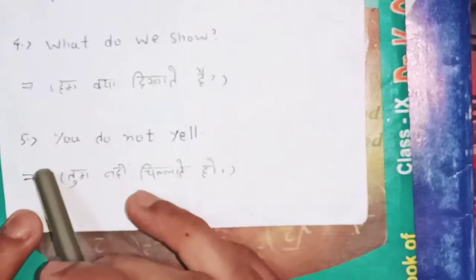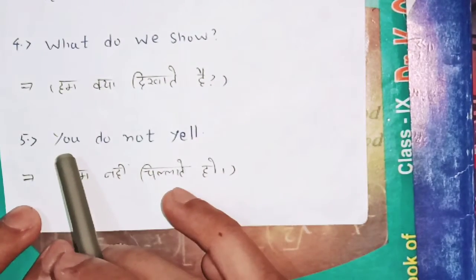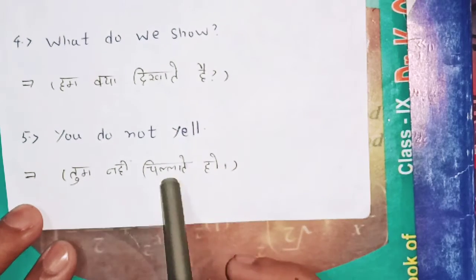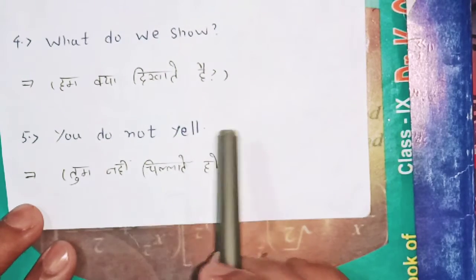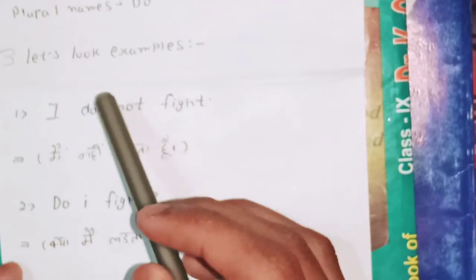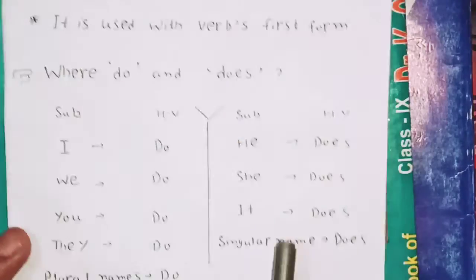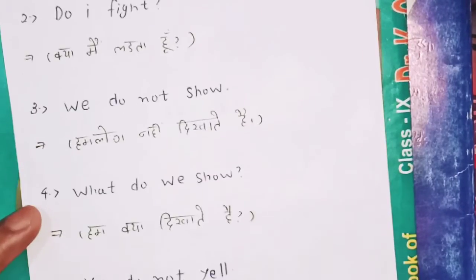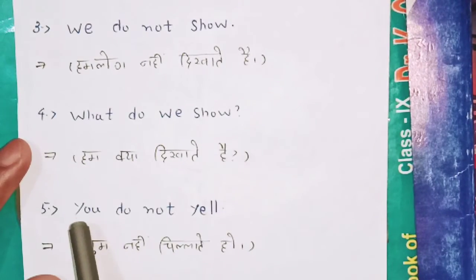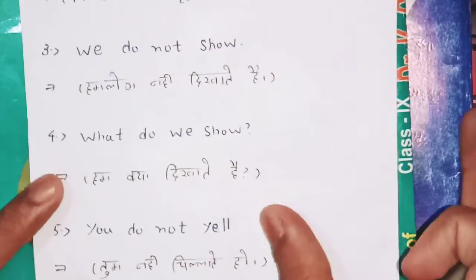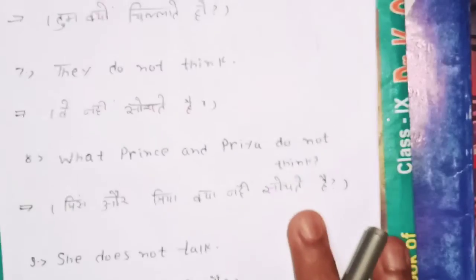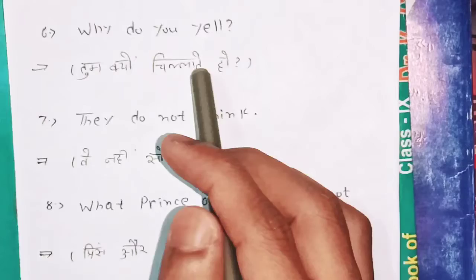Now the fifth sentence: You do not yell, तुम नहीं चिल्लाते हो. We can also contract do not and does not: do not becomes don't and does not becomes doesn't. Now some more sentences.